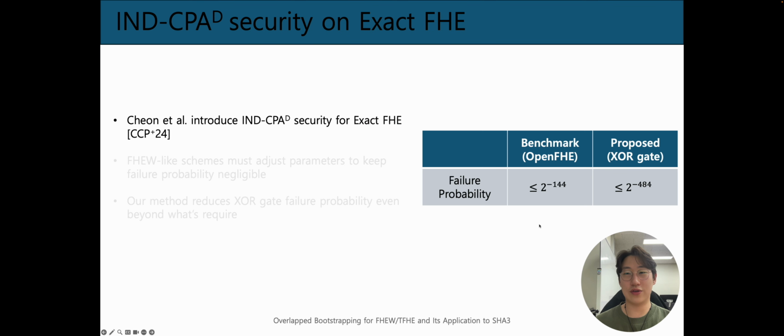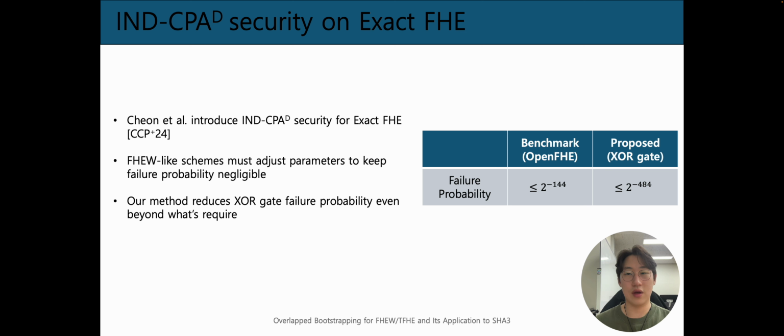Recently, Cheon et al. introduced IND-CPA-D security for exact FHE schemes such as FHEW. And following this, many FHEW-like schemes must adjust their parameters to satisfy IND-CPA-D security, ensuring that the failure probability is reduced to a negligible level. When applying our method in this context, we observe that the failure probability of the XOR gate is reduced beyond its necessity.